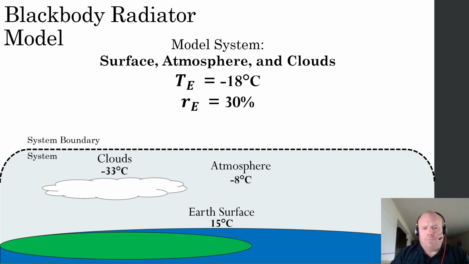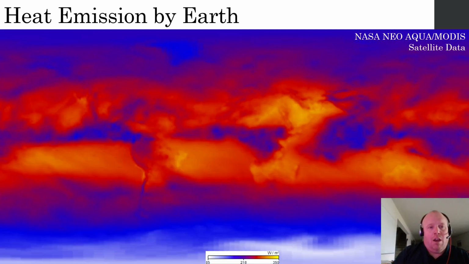So if you look at the temperature for the surface, the temperature for the atmosphere, and the temperature for the clouds, the combination of those three ends up being negative 18 degrees Celsius. Given the clouds are negative 33 degrees Celsius, the surface is 15 degrees Celsius, and the atmosphere is negative 8 degrees Celsius, you can see the emission temperature is roughly an average of those three temperatures. That's characterized here. You can see a heat emission map.